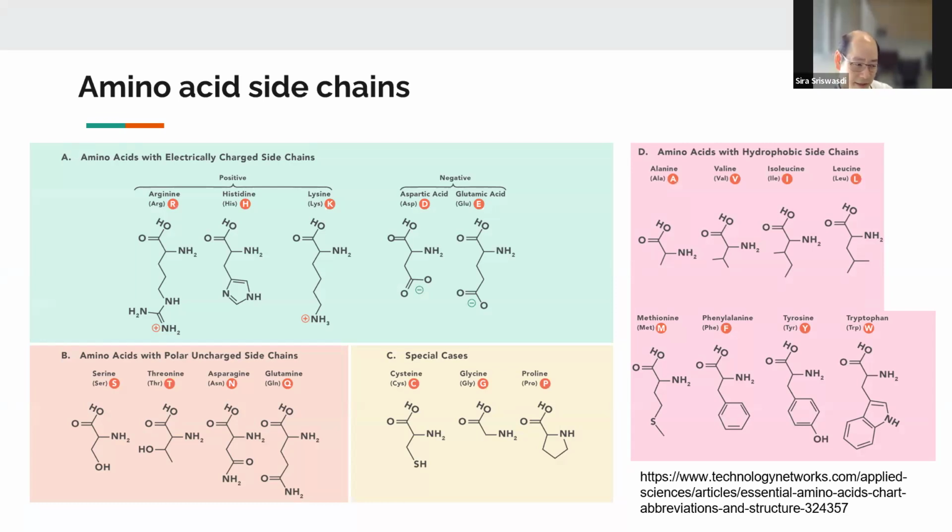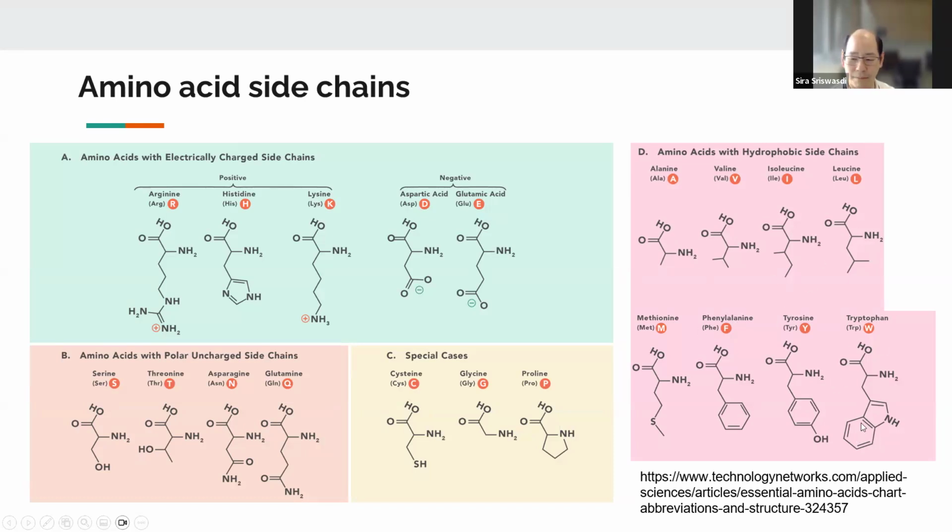We know that the 20 amino acids, actually there are more now, but the major 20 amino acids have different side chains. And each of them has different chemical and physical properties. Some of the amino acids have a charged side chain, positive charge or negative charge. Some amino acids have a hydrocarbon side chain, like only hydrocarbon.